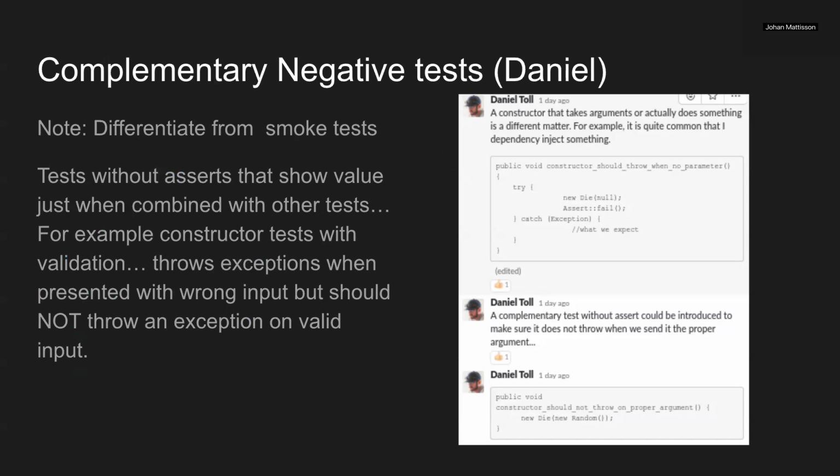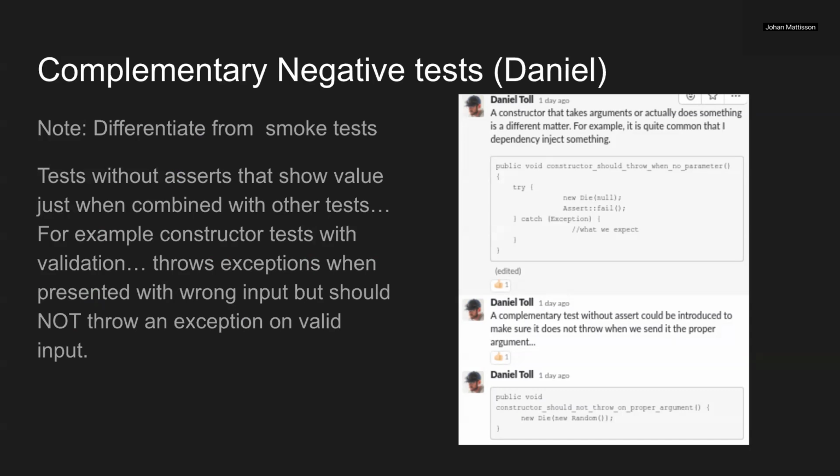So this is a complementary negative test. He has an assert here: construct should throw when no parameter. This is a test he wrote. If he sends null to the die class, for example, and we try to run that and it doesn't throw an exception, it should fail. So in this case, if we send null, we get an exception.